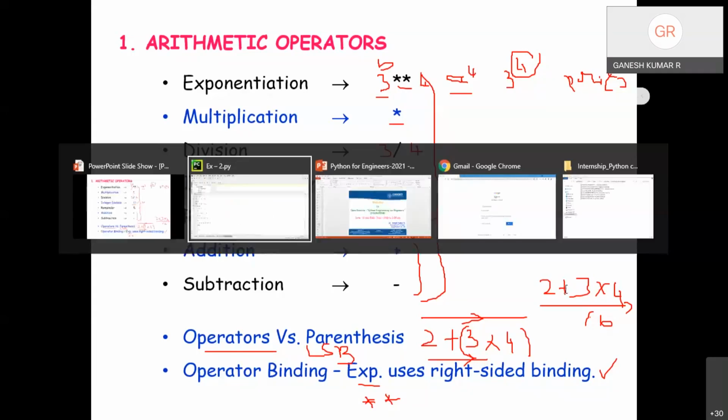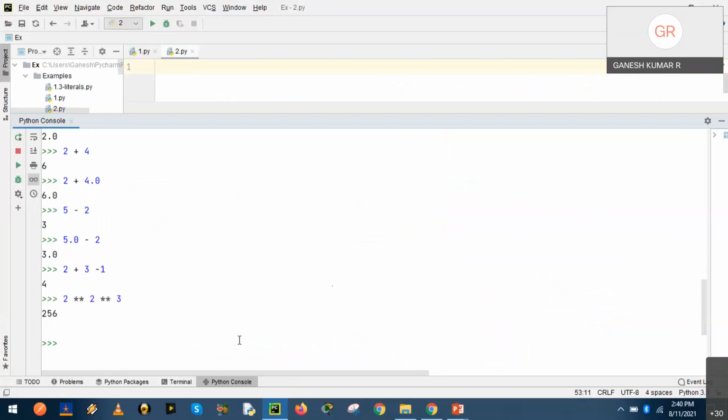Let us check the last final example here. I'll use the print function because we should not forget it, right?